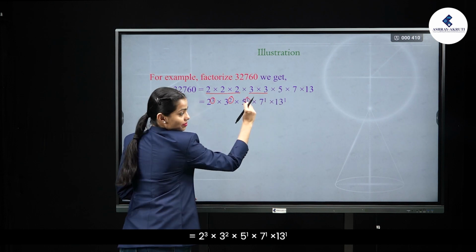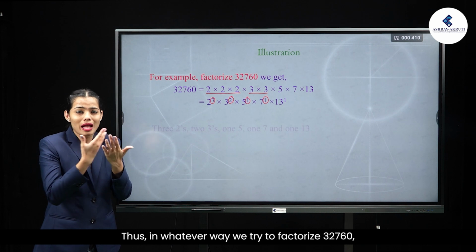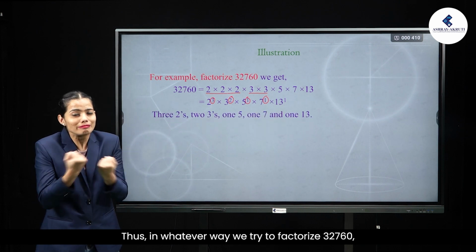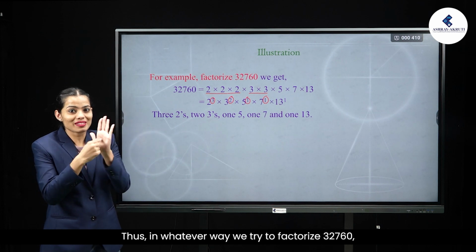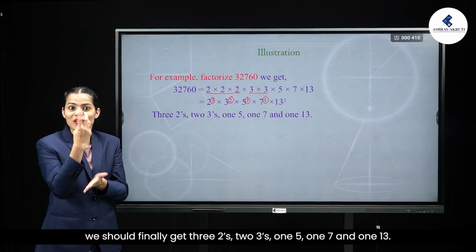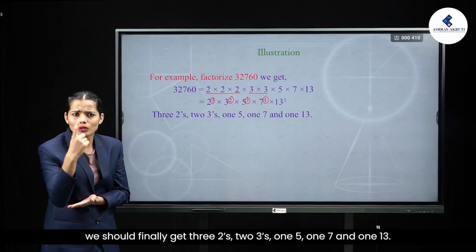Thus, in whatever way we try to factorize 32,760, we should finally get three 2s, two 3s, one 5, one 7 and one 13.